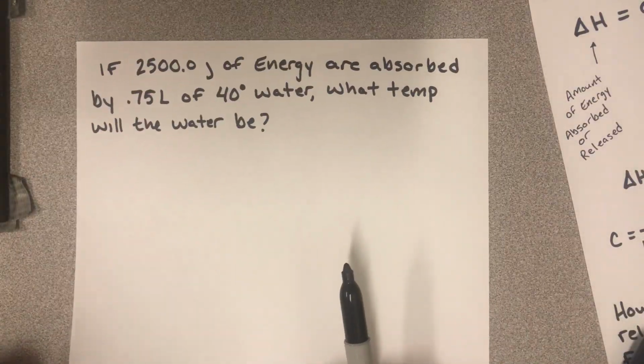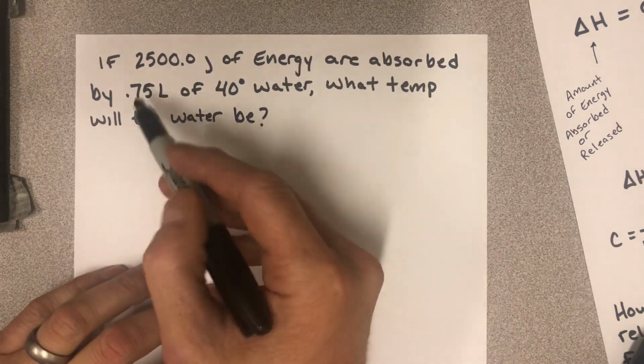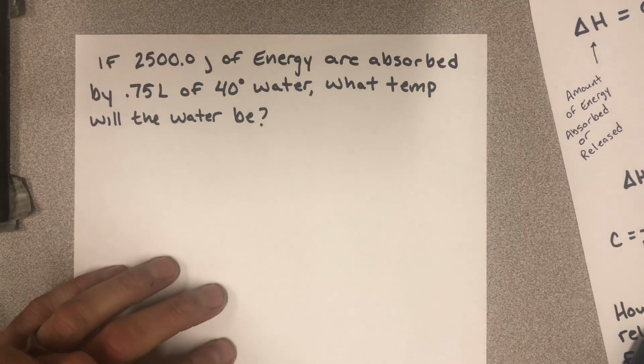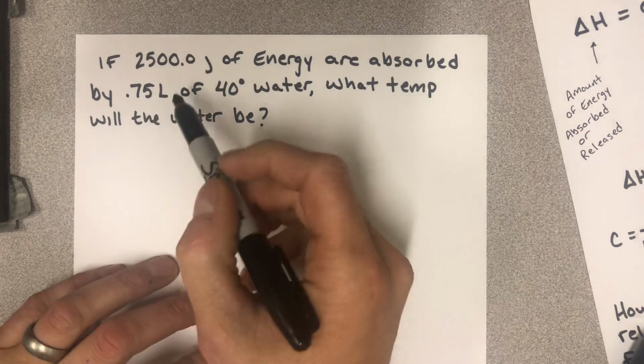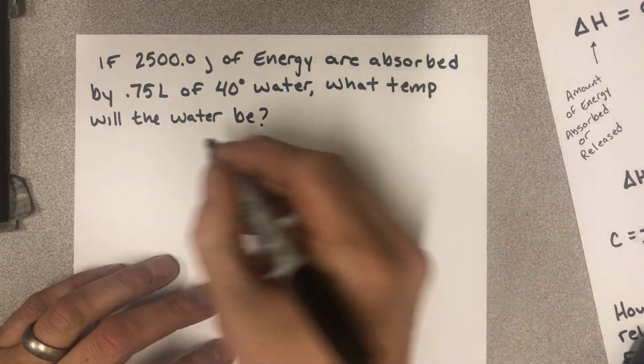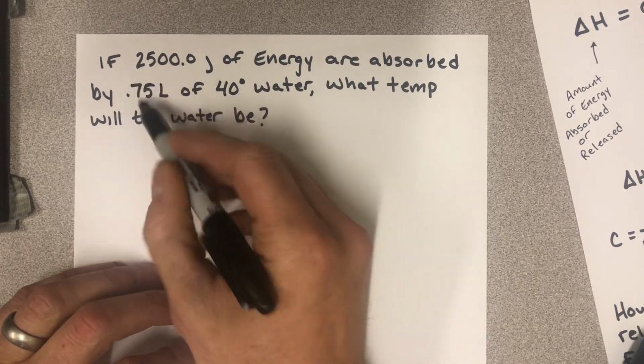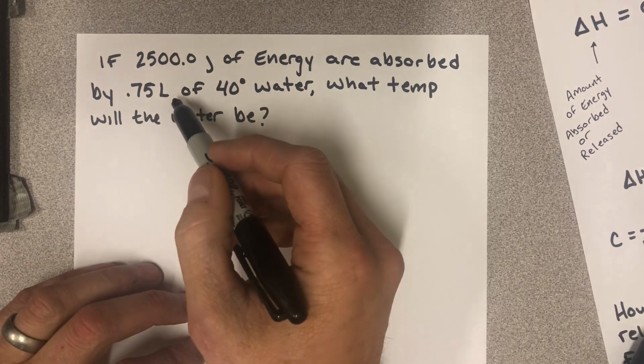All right, if 2,500 joules of energy are absorbed by 0.75 liters of 40-degree water, what will the temperature of the water be? Okay, so a couple of things here. Right off the bat, we're solving for a ΔT here, but our mass of water is in a weird setting.